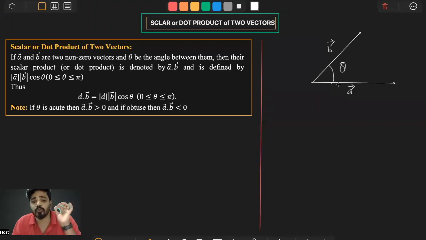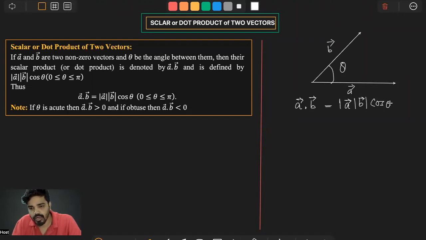Then the dot product is denoted by A dot B, and it is defined by modulus A modulus B cos theta, where 0 less than or equal to theta less than or equal to pi.